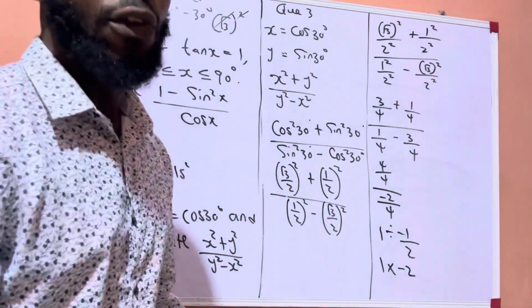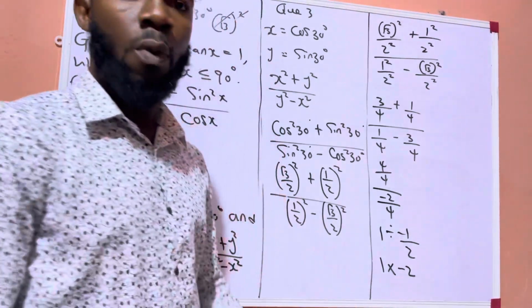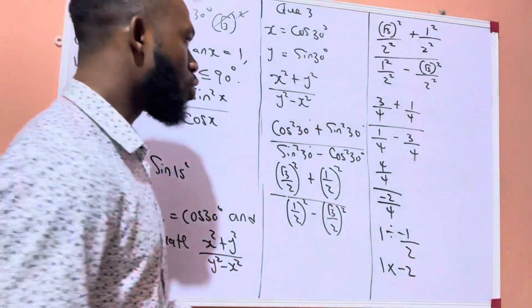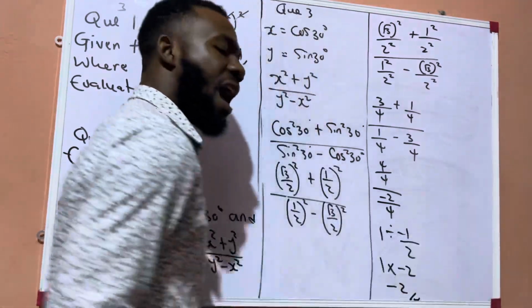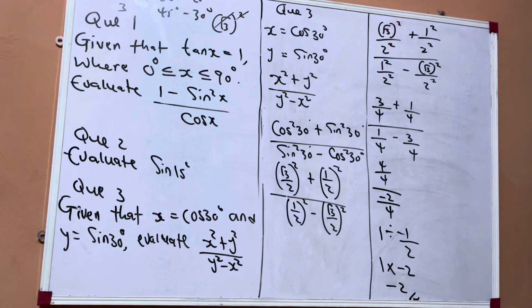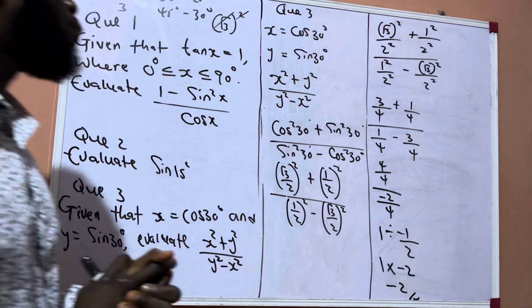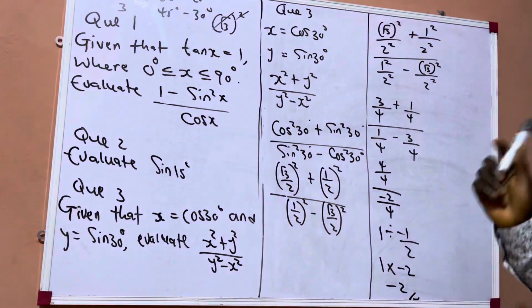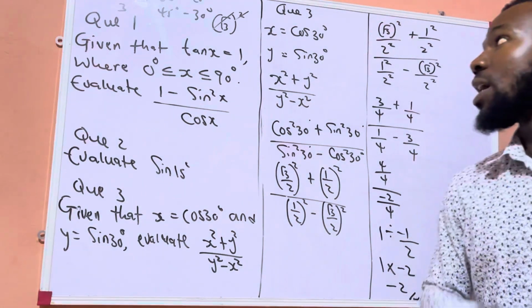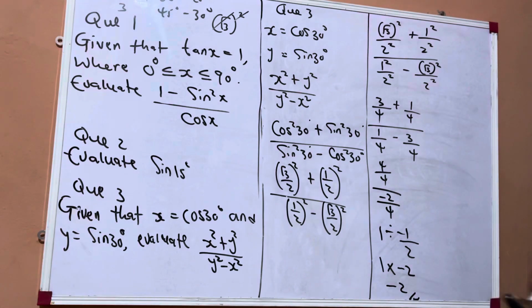There is no need for me to put over 1, because minus 2 over 1 will still give me minus 2. So automatically 1 times minus 2 gives us minus 2 as our final answer. This is the answer we're going to get if we simplify x squared over y squared minus x squared, given that x is cos 30 degrees and y is sin 30 degrees.